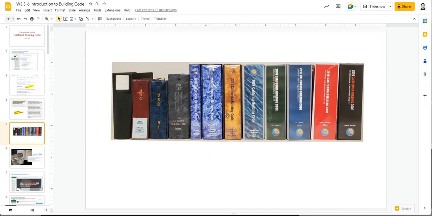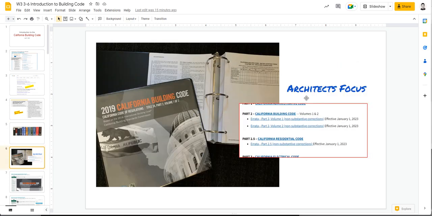In any case, there are modifications for each one because of new legislation or amendments to existing ones. An architect would buy these very, very thick binders. The architect's main focus is just the Building Code Volume 1 and Volume 2, and in Volume 1, it's mostly what they focus on.